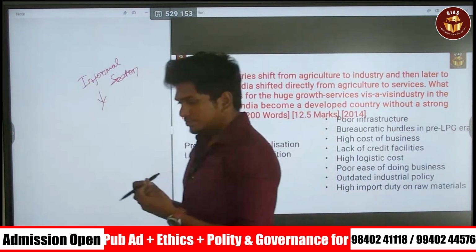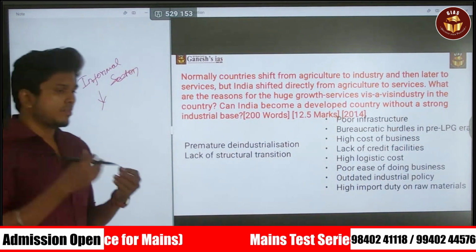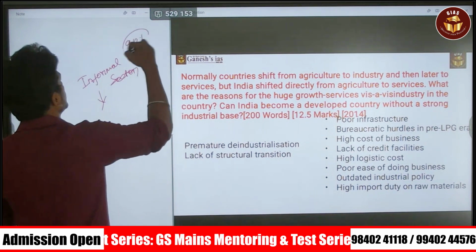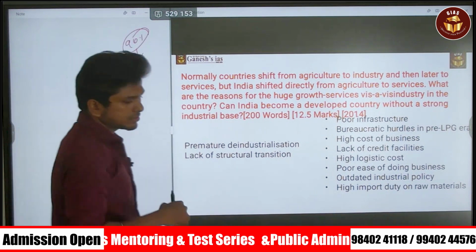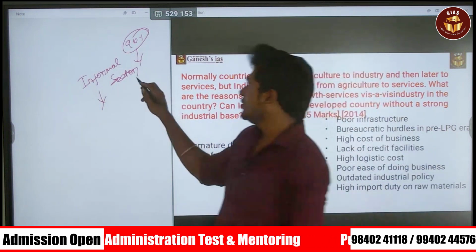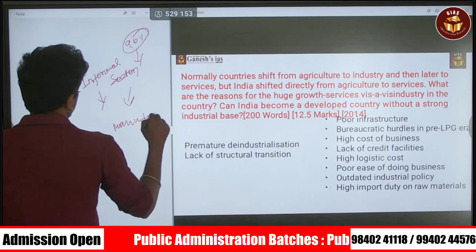And also, India has a huge population that is in the informal sector. Around 90% of the people belong to the informal sector. To make them formal, you need to place them in the manufacturing sector. That is the only possibility.